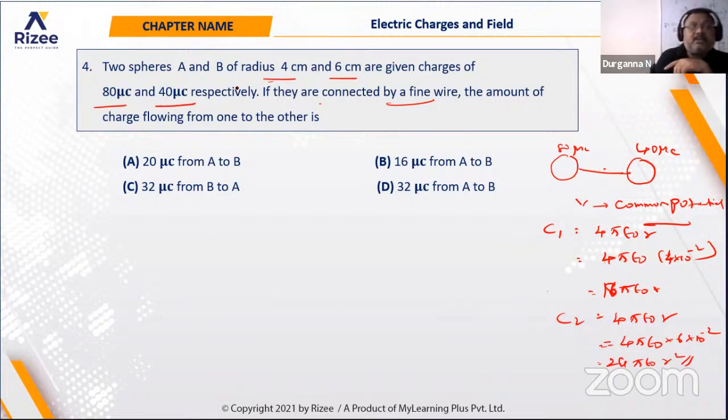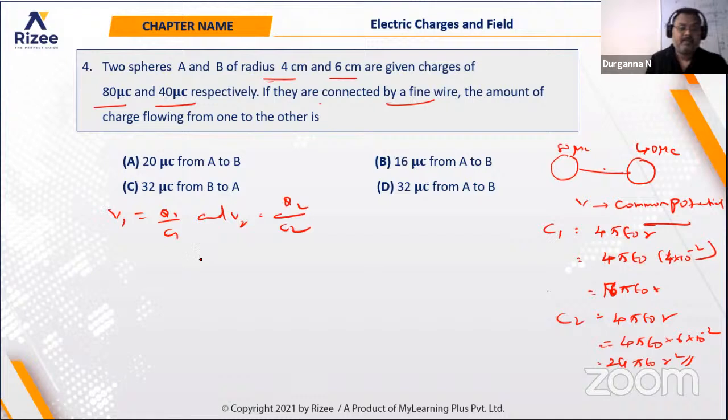From C1 and C2 and having the initial charges 80 microcoulombs and 40 microcoulombs, you can find out the initial potential. That is V1 is equal to Q1 by C1 as well as V2 is equal to Q2 by C2. So initial potential you can find when the charge starts. For common potential, V is equal to V1 C1 plus V2 C2 by C1 plus C2.